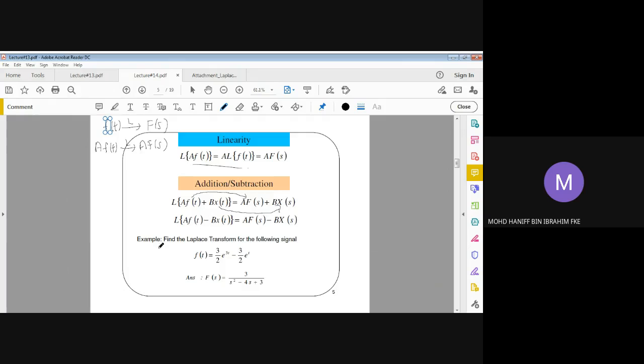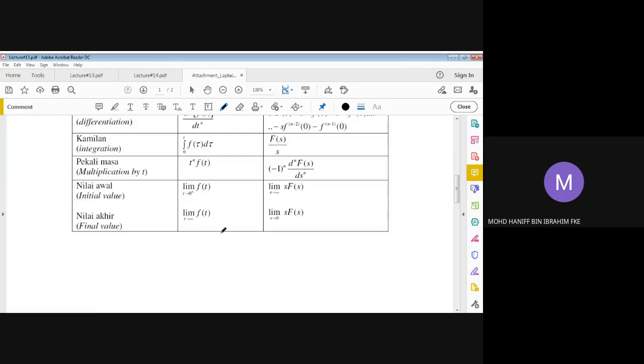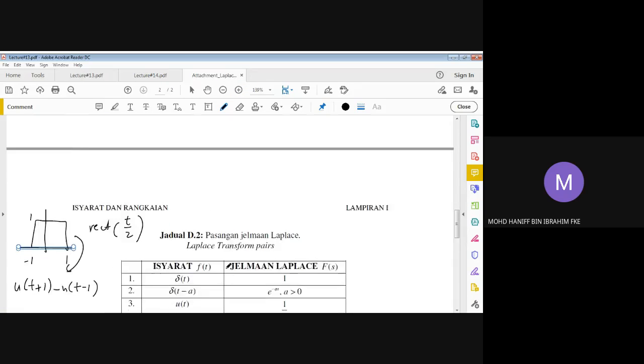Let's have a look at the first example, where we are given f(t) in time domain as 3 over 2 of exponential 3t minus 3 over 2 of e^t. We need to find the Laplace transformation for this signal. For this, refer to the attachment table, second page.